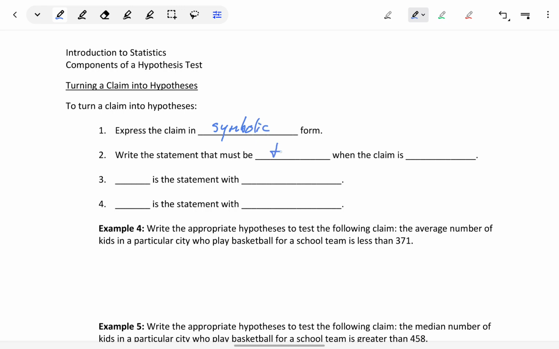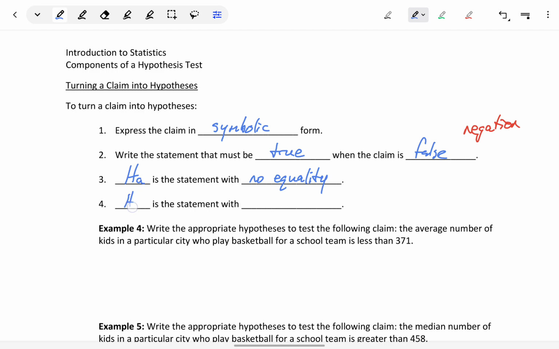We need to write the statement that must be true when the claim is false. We refer to that as the negation of the claim. So essentially we're writing the opposite statement. The alternative hypothesis, as we've already seen, will be the statement with no equality.